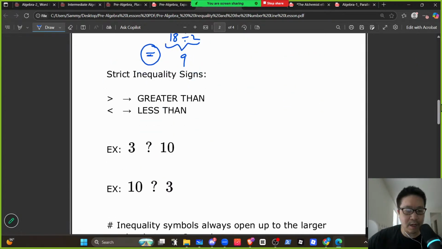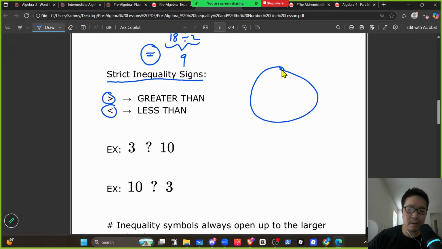The other symbols you need to know are called strict inequality signs. That is the greater than symbol, and this is the less than symbol. How we can remember this easily, because I know sometimes we forget, is to look at the face of a clock.